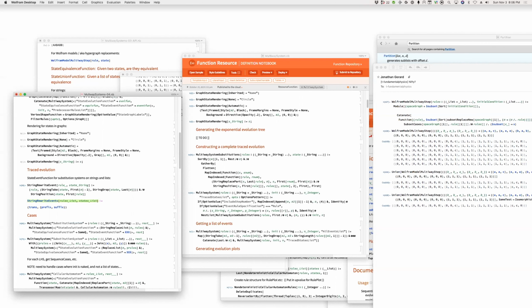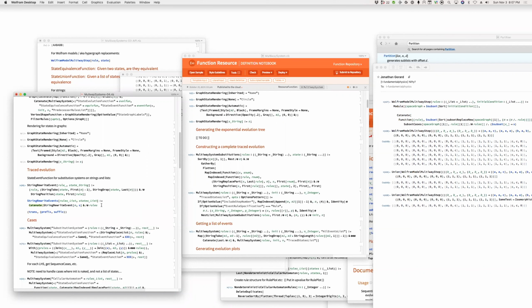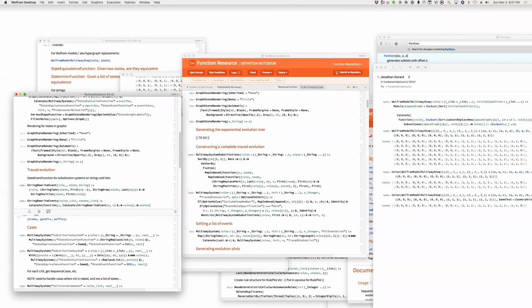So I claim that is mapping string rewrite event of the rule mapped over a state S, and then we catenate that, and then we take the function S and we map that over states, and then we catenate that. Okay, let's see how convincing this is.